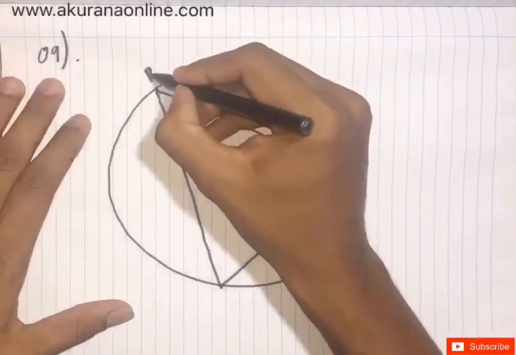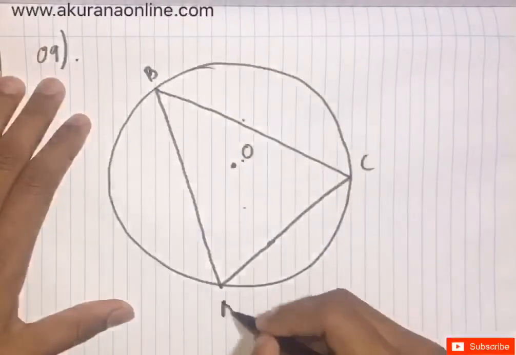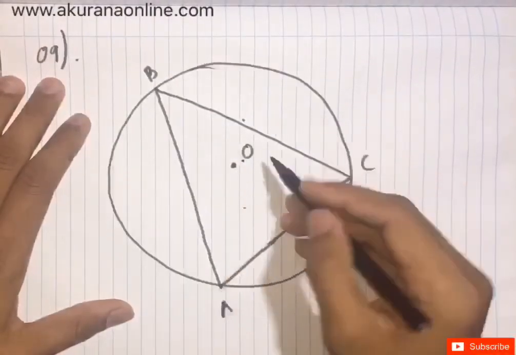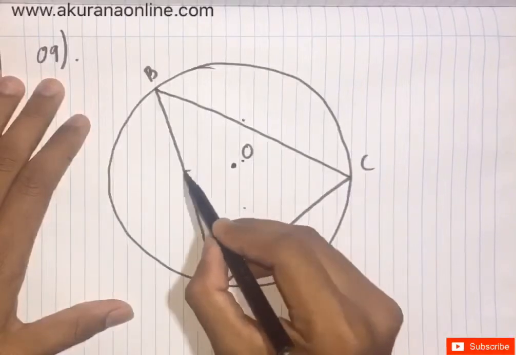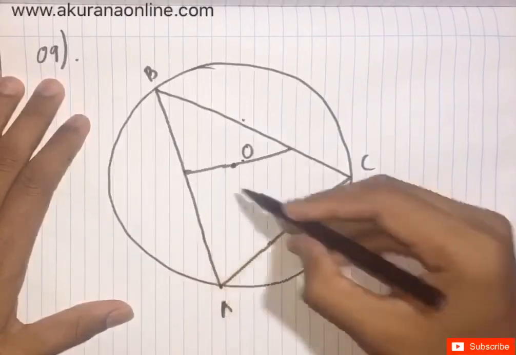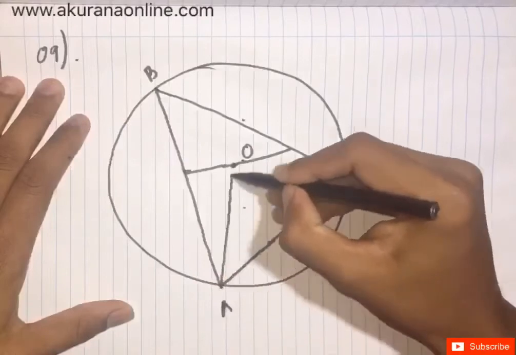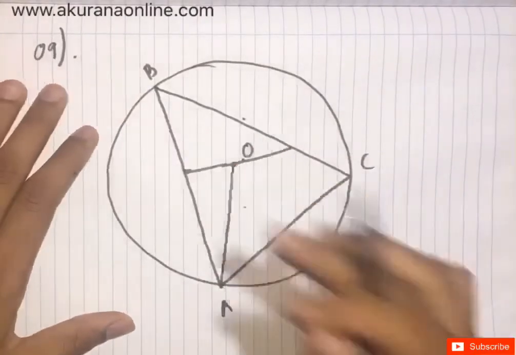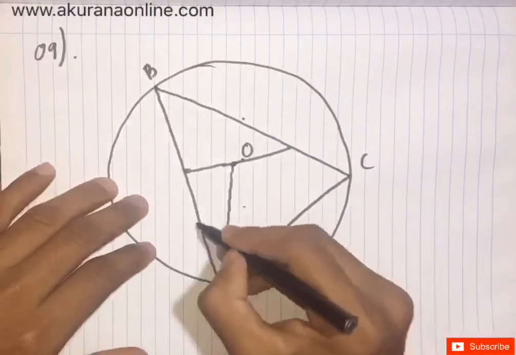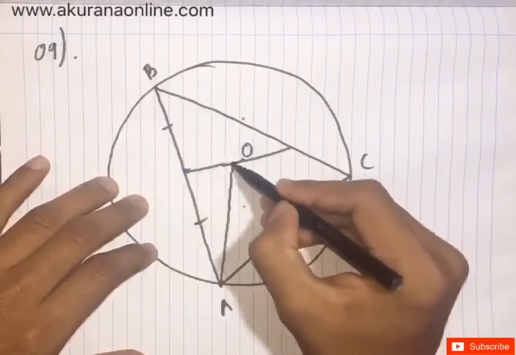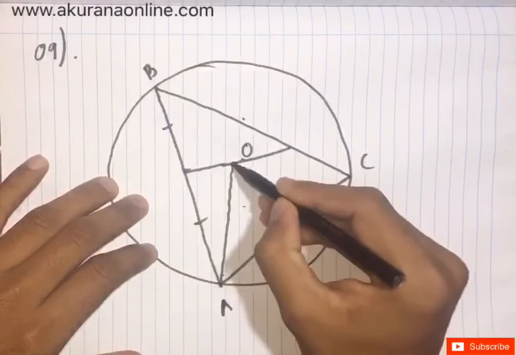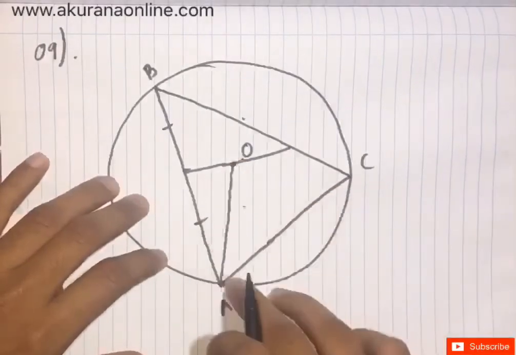Here you call it B, C and A, and also a line is drawn this way. Then AO is joined. These two parts are joined, and these two are equal. The angle bisects. Now this is the radius, from the center to the circle.